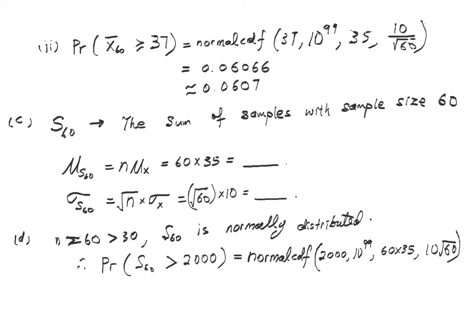Please try to write down this step so that the examiner knows which mean and which standard deviation you put in. If you put in the right one and the answer that you get differs from what we have, we will still give you 1 mark out of the 2 marks. Are you clear? Okay, so you get the answer.